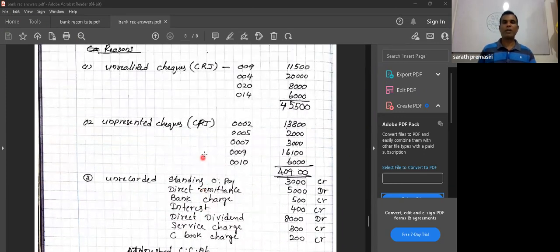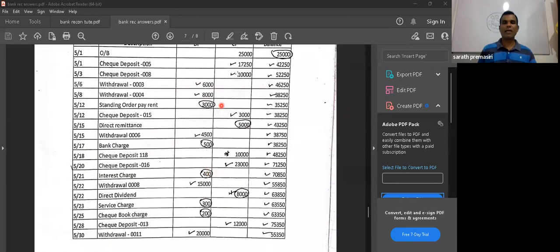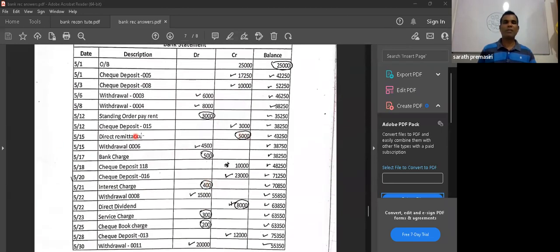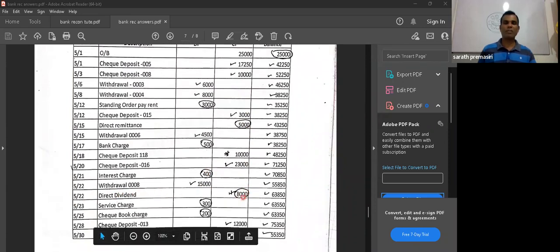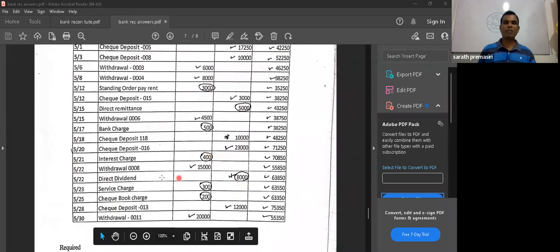Yes, then you see other items can be treated as what? Here, unrecorded direct creditors. 8,000 unrecorded direct dividend. This is unrecorded direct remittance.